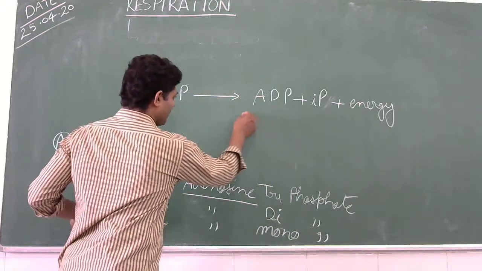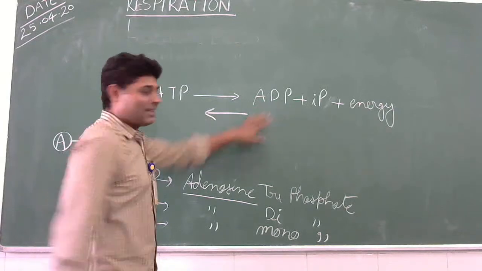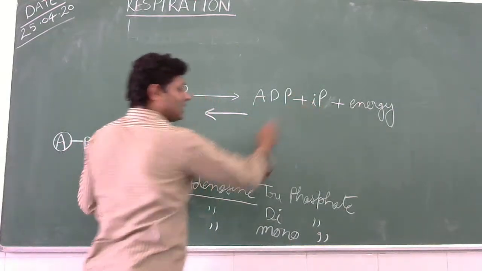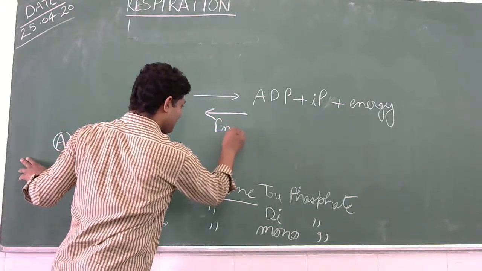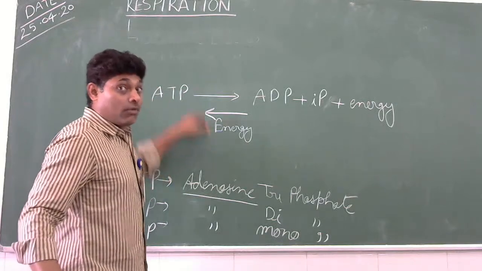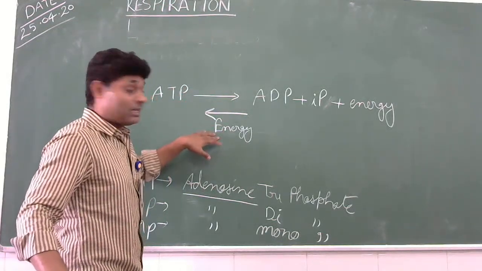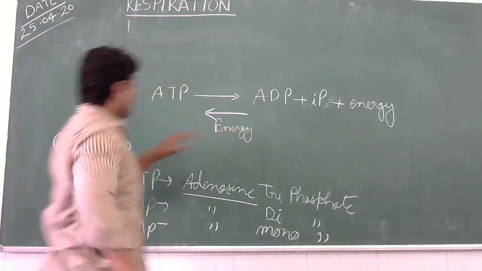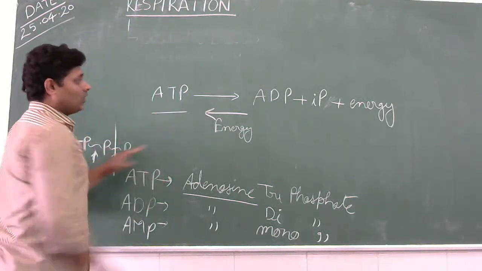But in photosynthesis, it is just vice versa. How? Just like this. ADP, inorganic phosphate, it takes the energy from sunlight, which is trapped in the form of energy, and this is finally converted into the ATP molecule.